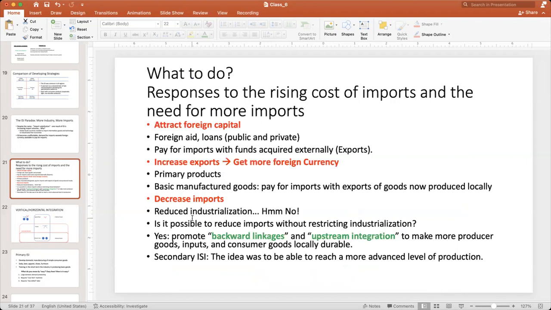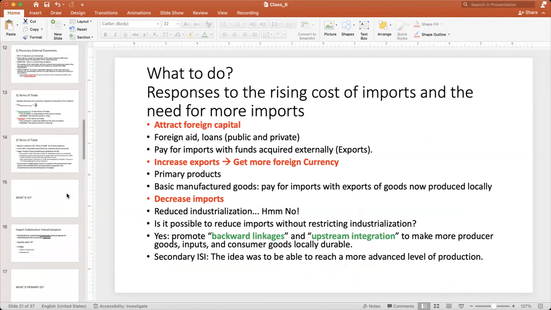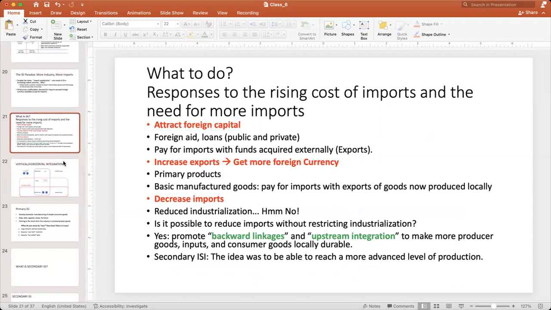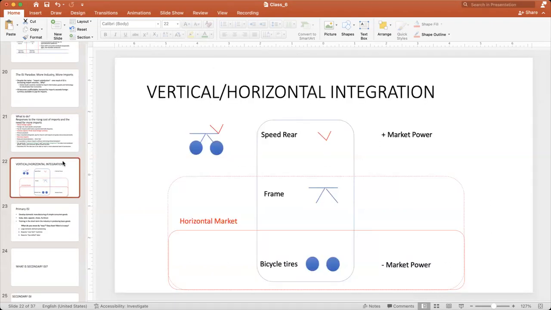we want to explain how it is possible to reduce imports without restricting industrialization, keeping in mind the structuralism ideas. So if we are only producing bicycles and we are in other developing countries and we want to produce the whole bicycle, well, in theory, it was not possible because we didn't have the technology, the investment, and the human capital to do that.